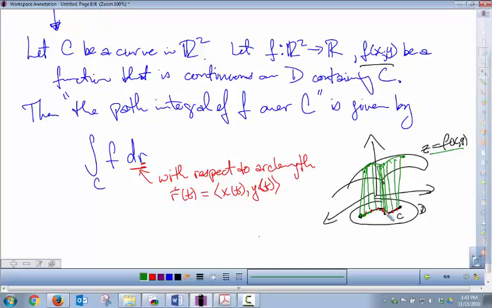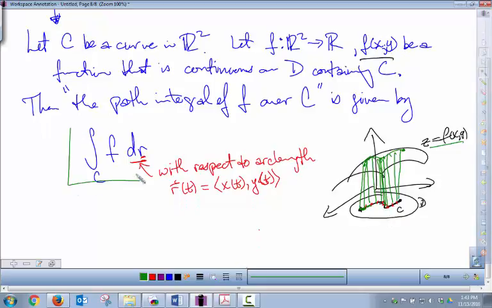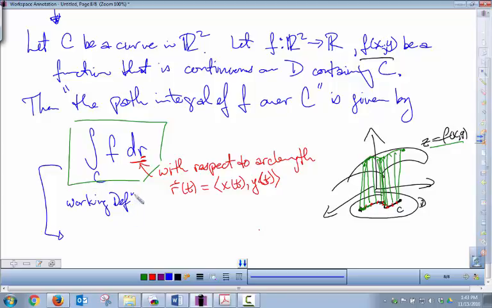All right. Now this, computationally, is useless. So we want to know how we can actually find this path integral if we were given an actual problem. And so what happens is that we go into some sort of what I like to call a working definition. And the working definition will allow us to actually compute these path integrals.